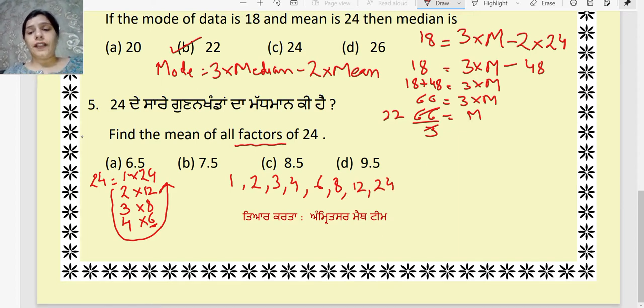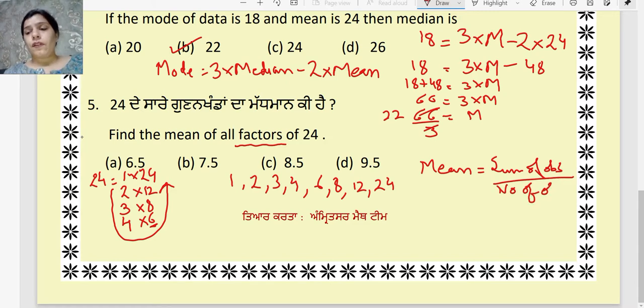And I have to find the mean. Beta, mean के लिए again the same formula, that is the sum of observations divided by number of observations. So how many observations are there? 1, 2, 3, 4, 5, 6, 7, 8. So total 8.